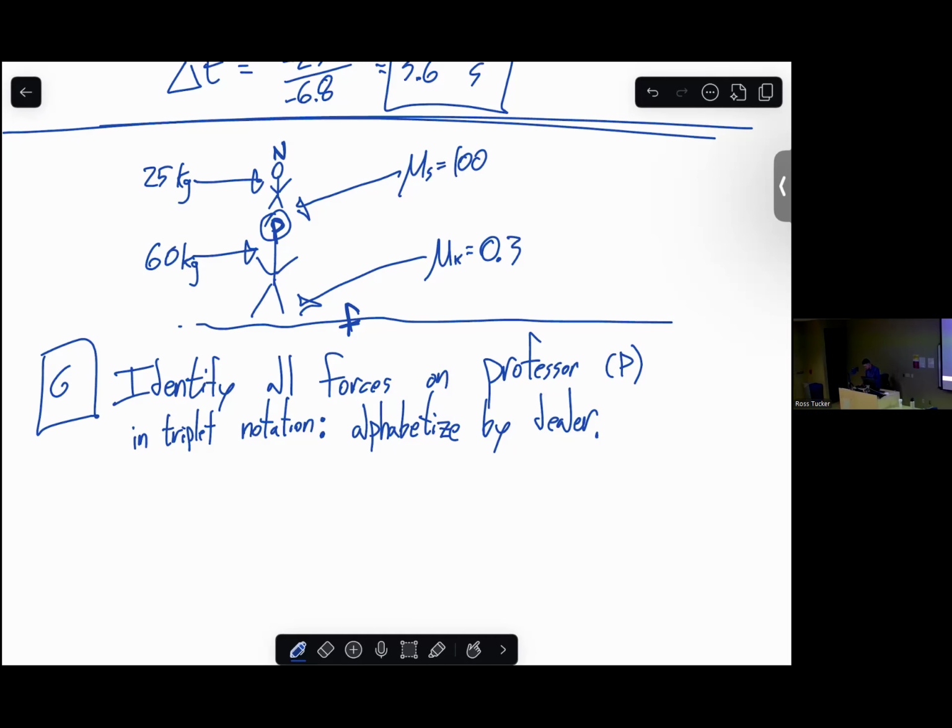Okay, here's where y'all are breaking. Here's where we'll dig down.